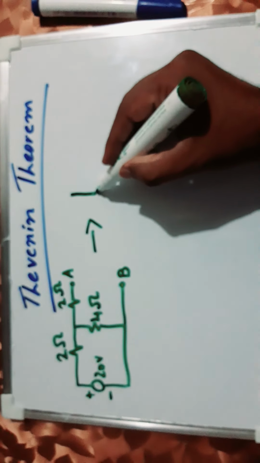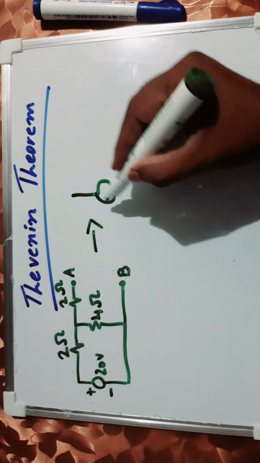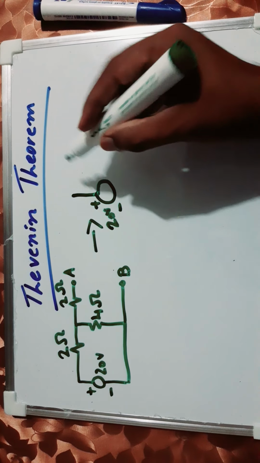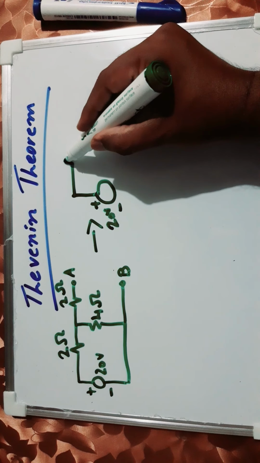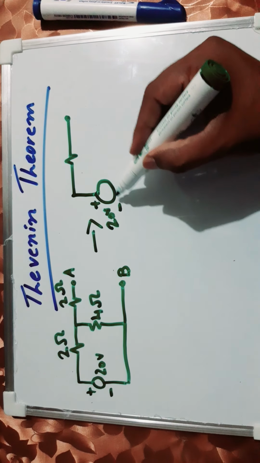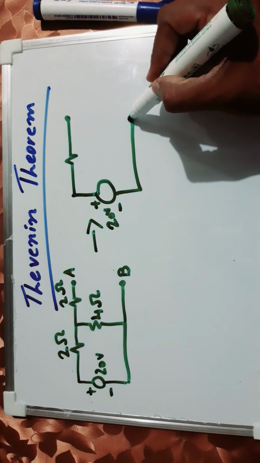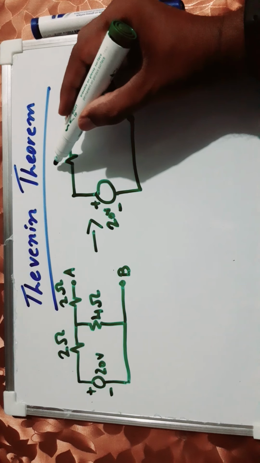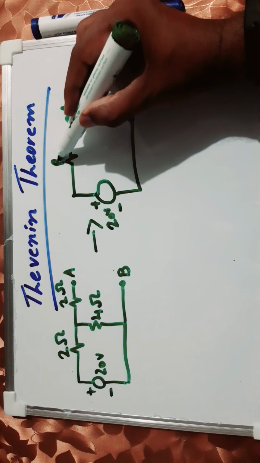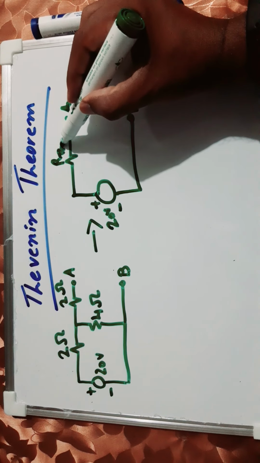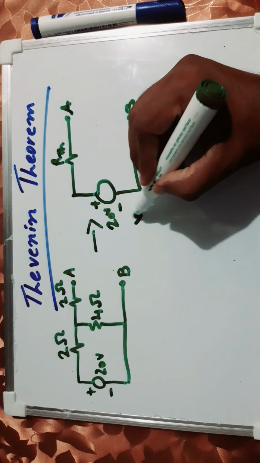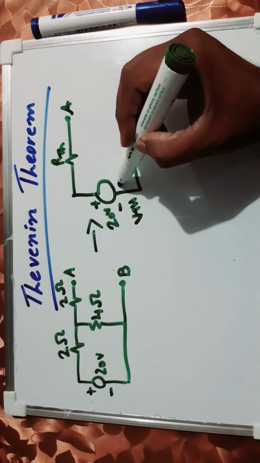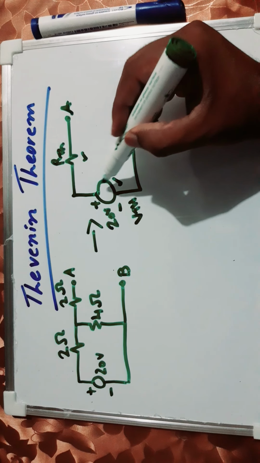the voltage across Thevenin, that is 20 volt, and this is resistance. So the voltage source and the resistance are in series.